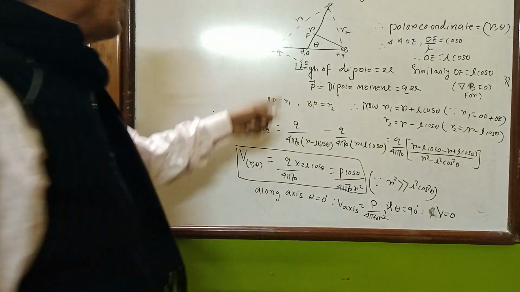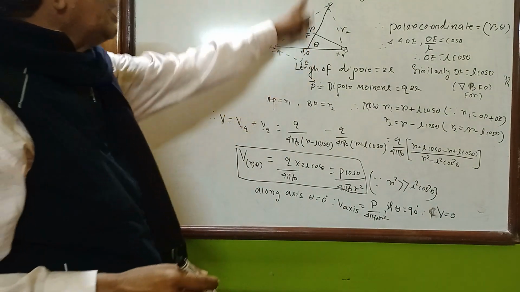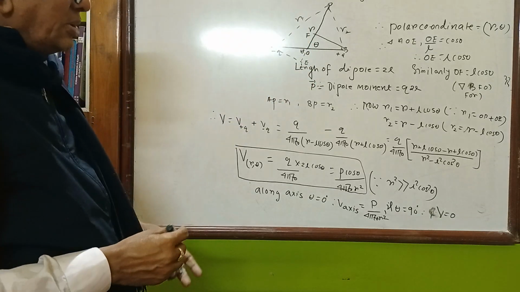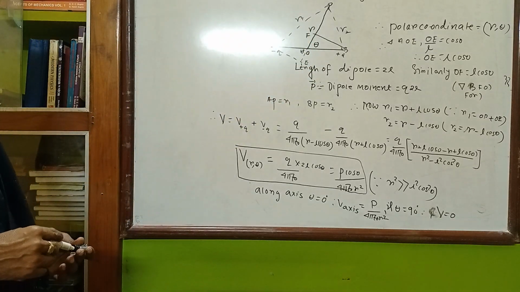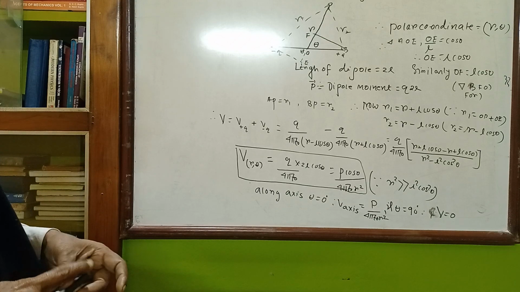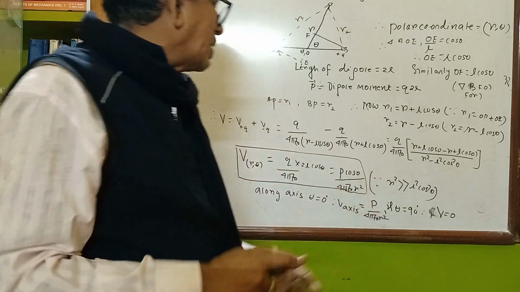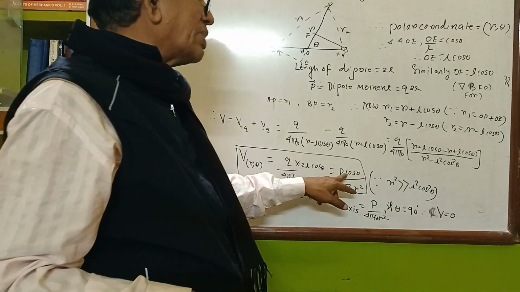That means along the perpendicular bisector, the potential is 0, but along the axis it is p by 4 pi epsilon naught r square. This is the general expression for polar coordinates.